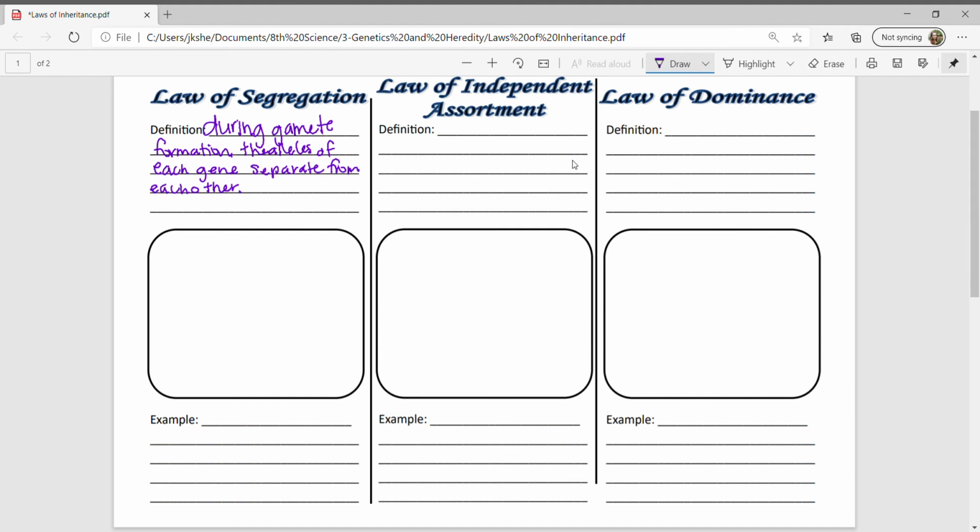And that results in the fact that each gamete will only have one allele for each gene.